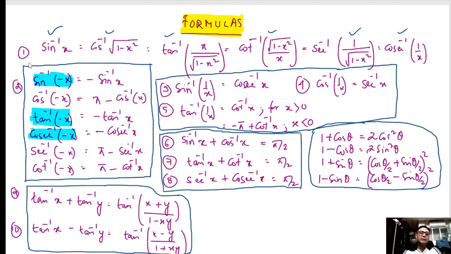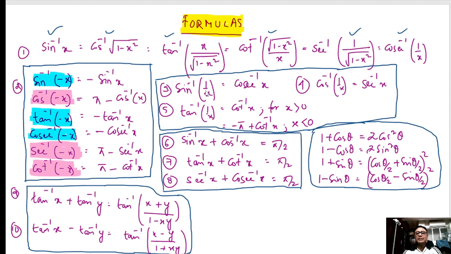And similarly, cos inverse minus x, sec inverse minus x, and cot inverse minus x have the same formula. So please keep a note of this.